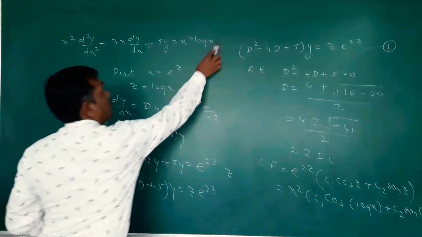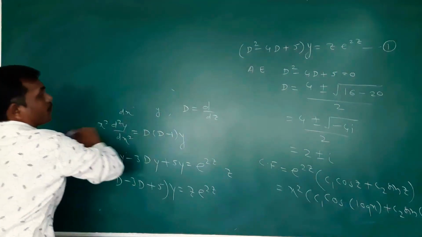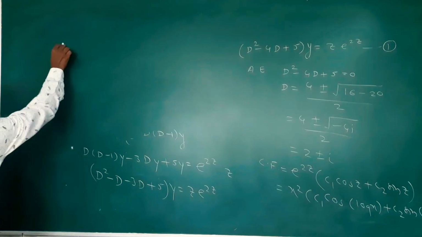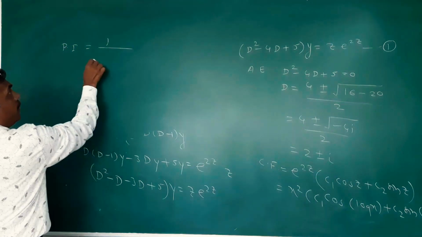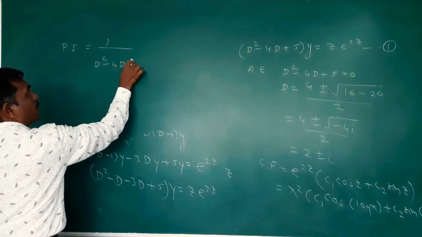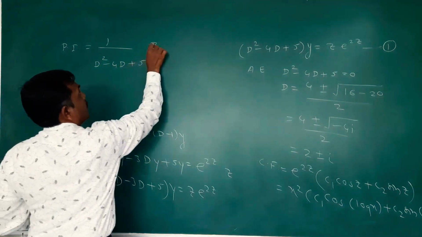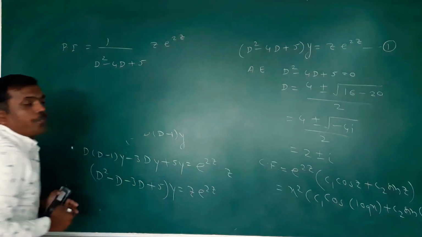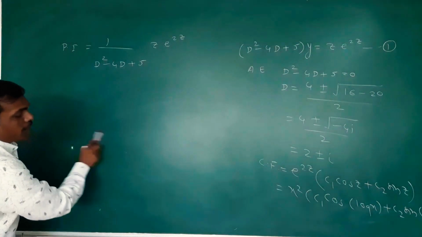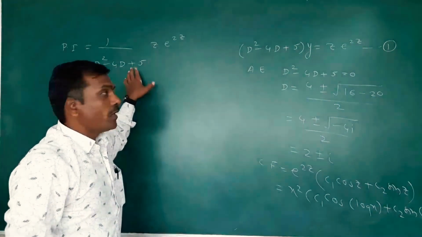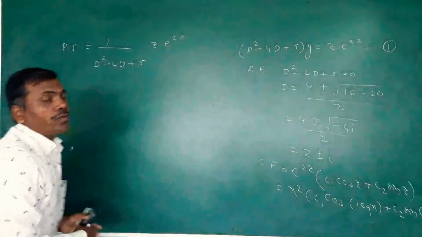So the particular integral is equal to 1 upon D square minus 4D plus 5 operating on z e raised to 2z. Our shortcut method tells us whenever such a situation is there, take e raised to 2z outside the calculation.